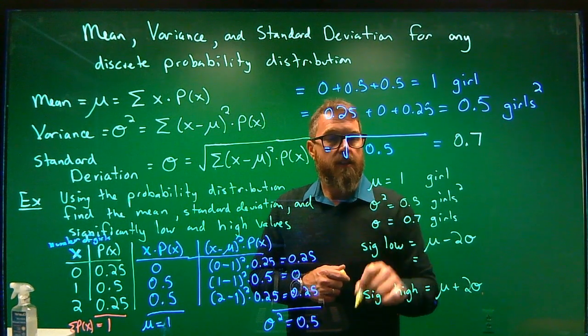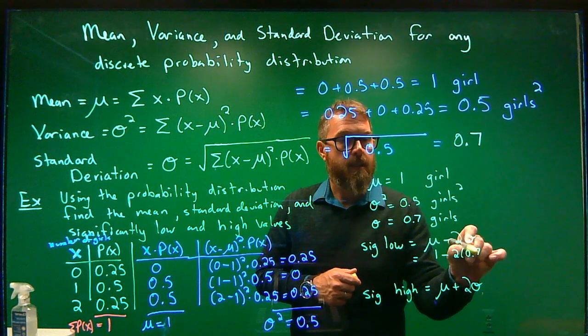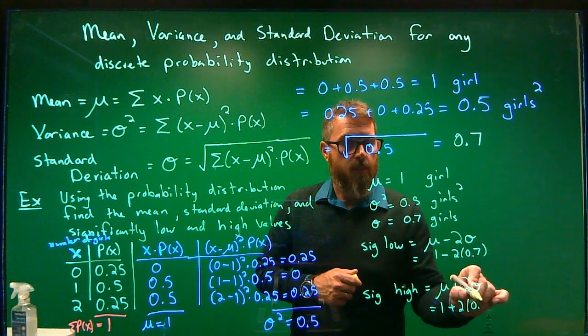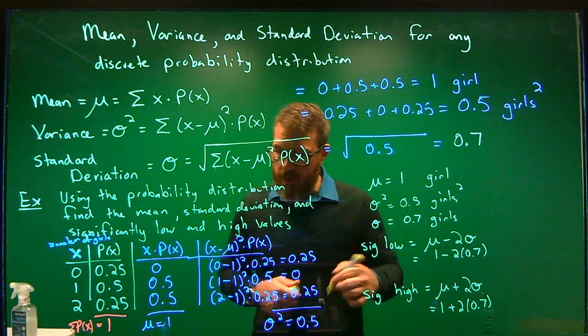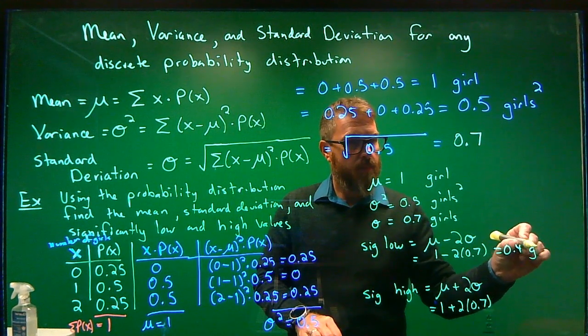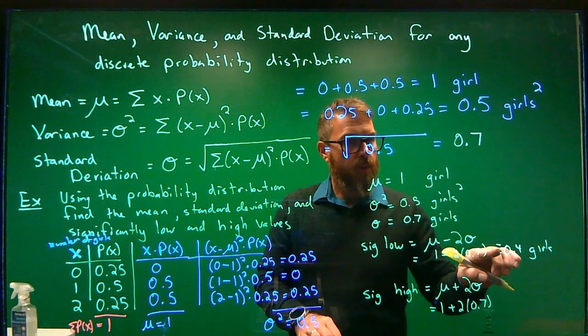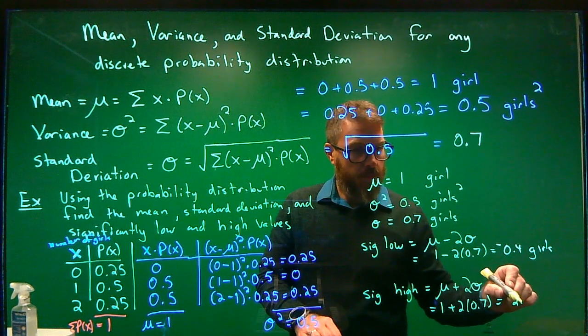So finding this is going to be equal to 1 minus 2 times 0.7, and this is going to be equal to 1 plus 2 times 0.7, which is going to give us negative 0.4 girls all the way to 2.4 girls.